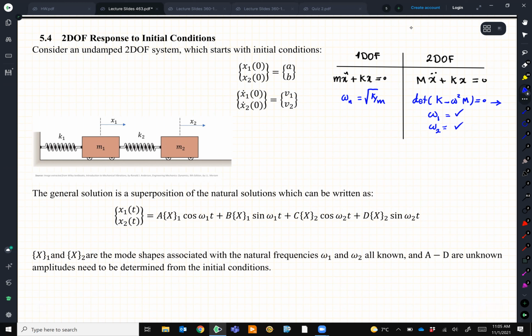All right. And an extra piece of information that we found for this one was x1 over x2, a number, right? A constant number. For example, the example that we solved, let me write it down a little bit over here so I have room.